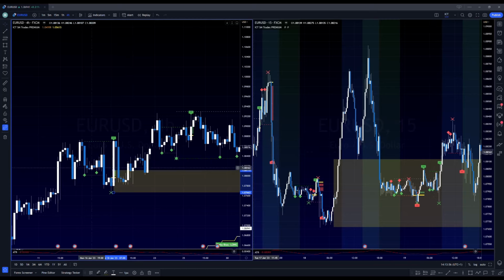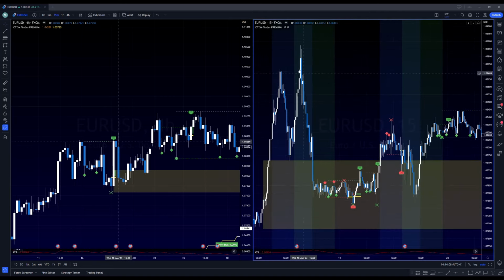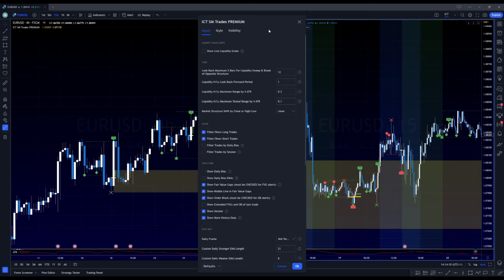Okay, so let's look at the 15-minute time frame. So we are here, this is the hit. Now we are looking for the long trade on the 15-minute time frame. We can filter long trades only if we want.